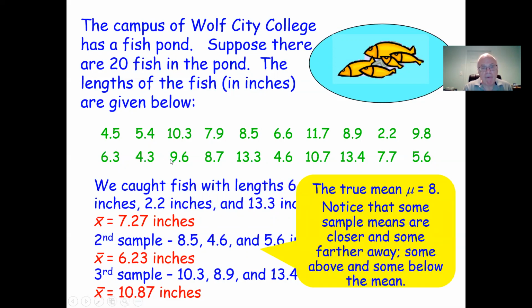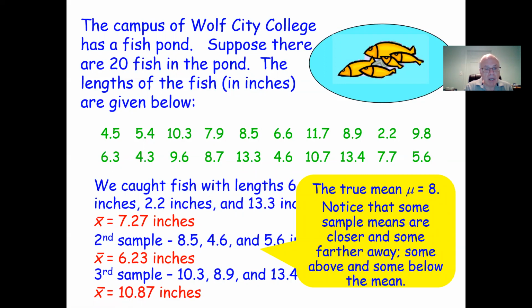Now, if we averaged all 20 fish here, in other words, added up all 20 of these numbers and divided by 20, we would get the population mean. It says true mean here, but that's the population mean of 8 inches. And notice that none of these three samples is equal to 8 inches. The one that's closest to 8 inches is this first sample of 7.27 inches.